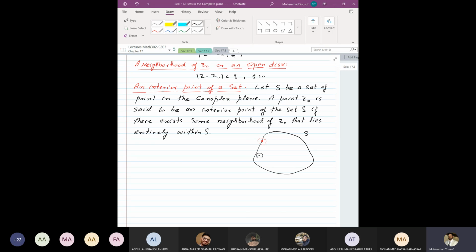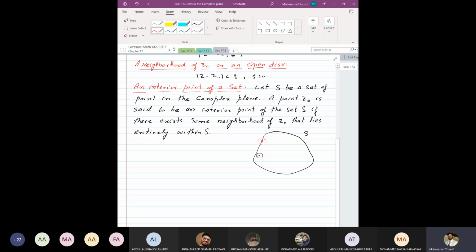So if a point, then this red color point is also in S. If we choose another red point, masalan here, it is very close to the boundary. I hope you are seeing this.